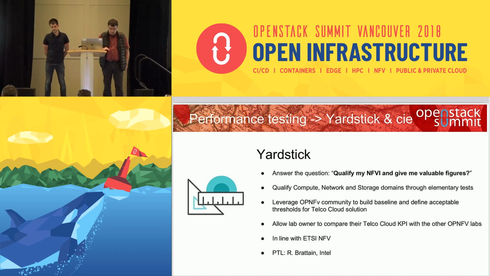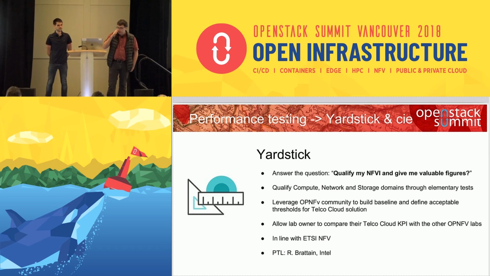The second test project I want to highlight is Yardstick. Yardstick is a project that was created at the beginning of OPNFV, and the idea was to answer the question: qualify my NFVI. As a telco, we are installing an OpenStack solution, and the difficulty is to be able to compare apples with apples, peer with peer, and to get figures on the quality of the performance achievable by your NFVI.